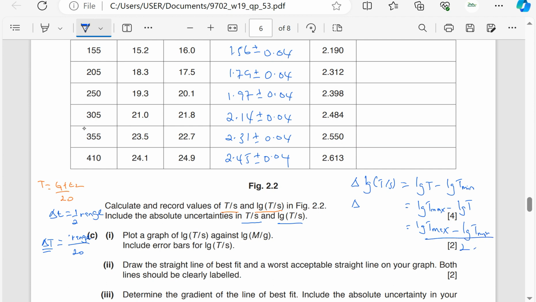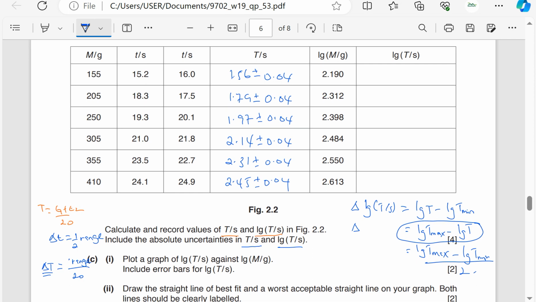So I'll just take one. I normally take this one here. For the first one, remember, when I find the log, the number of significant figures becomes the number of decimal places.